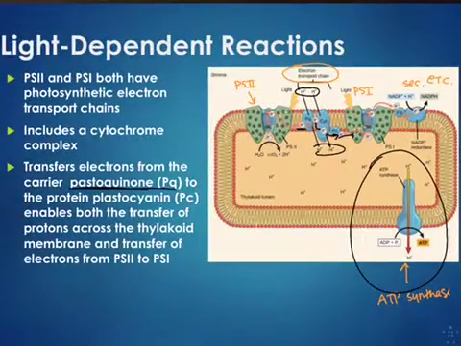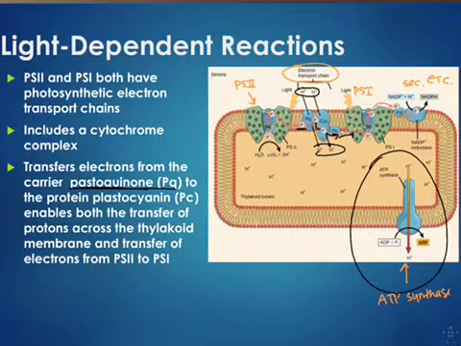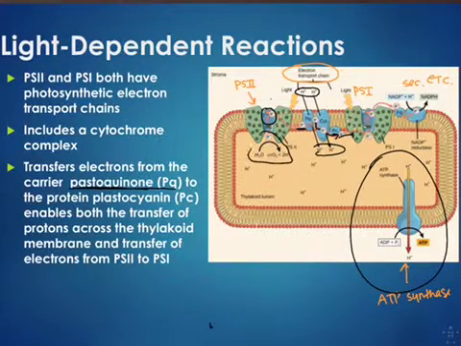So let's just go back here. This diagram will work. So this electron that ends up leaving, it has to get replaced so an electron can leave again, right? And that comes from this process right here of splitting a water molecule. Okay.